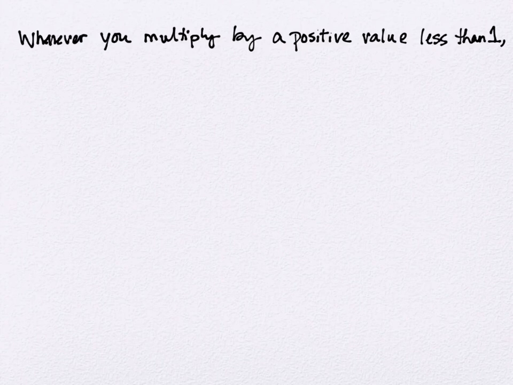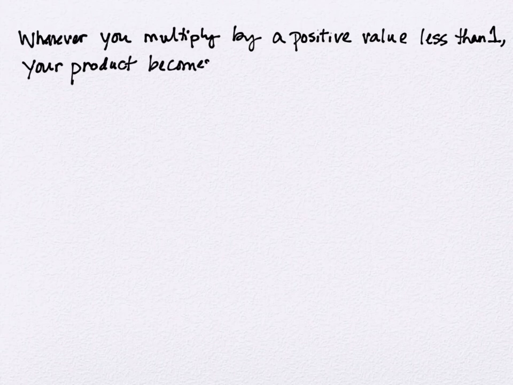So 1/2, 2/3, 0.76. In this case, it was 0.999. Anytime it's less than the number 1, but still positive, your product, the answer to that, becomes smaller than your initial value.